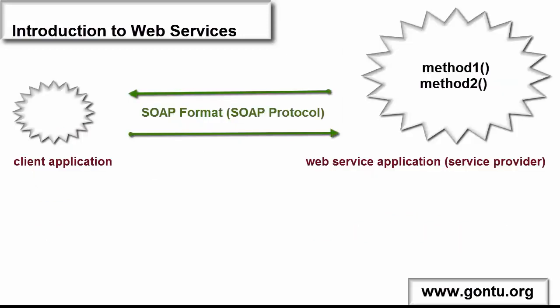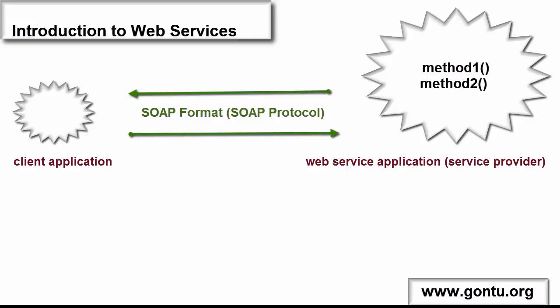Here, the client and service provider use the SOAP protocol to communicate with each other. The SOAP protocol basically says communication between two softwares should happen in an XML format by following certain rules, which I'll talk about in detail while showing a demo on how to create a web service application and its client.